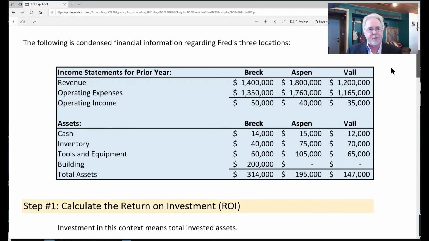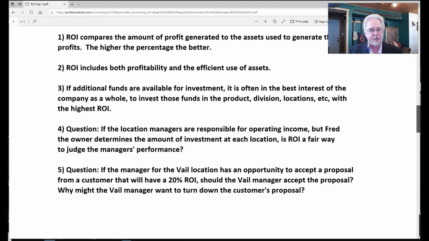Going up here to the financial data, the managers are responsible for the revenue and the operating expenses at each location, but the managers at the locations have no say in the assets. So my question is, is ROI a fair way to judge the performance of these managers? Let me know what you think.